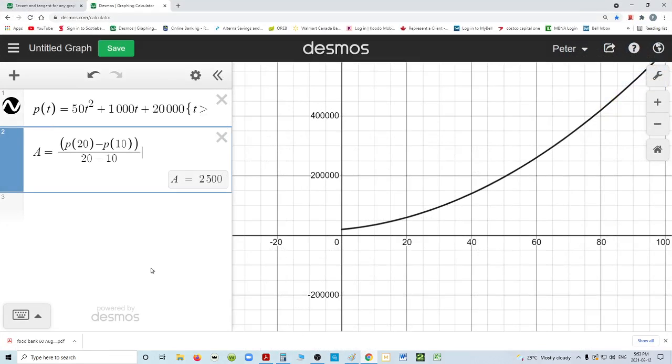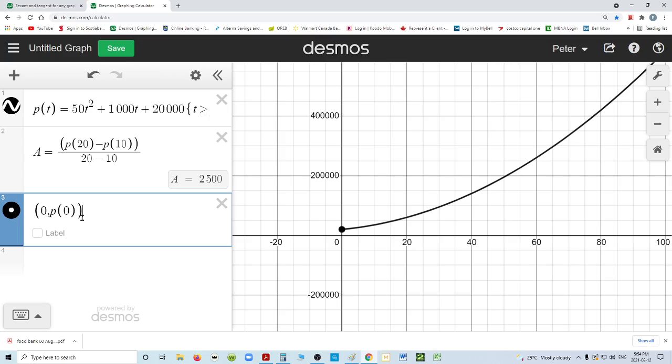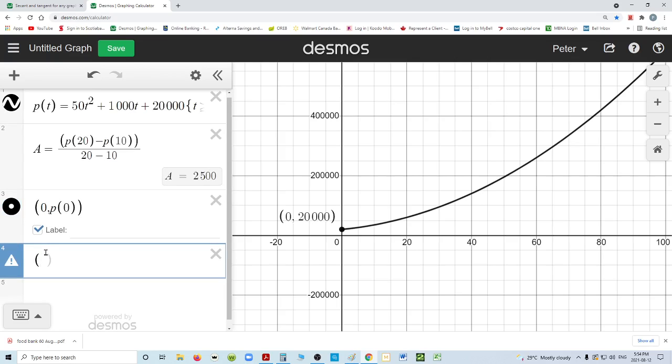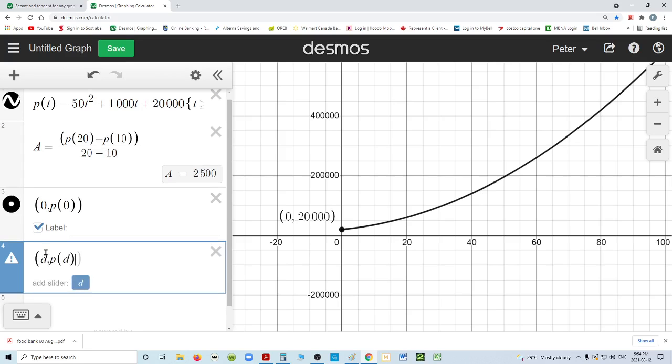You could also theoretically draw 2 lines, and it would always take a while. You'd have to put one line at 0 comma p of 0. So that's the very beginning. And your second line would have to be at, well, let's call it the variable d comma p of d.